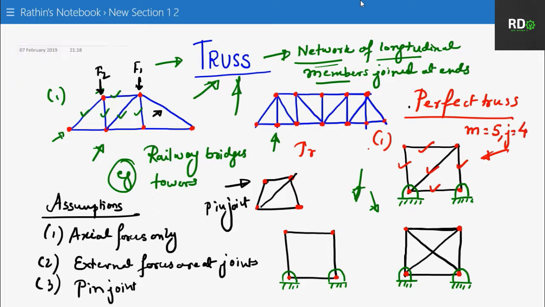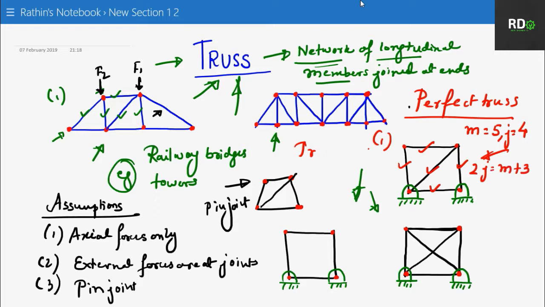There is a formula that explains whether your truss frame is a perfect truss or not. It has to satisfy this formula: 2j equal to m plus 3.